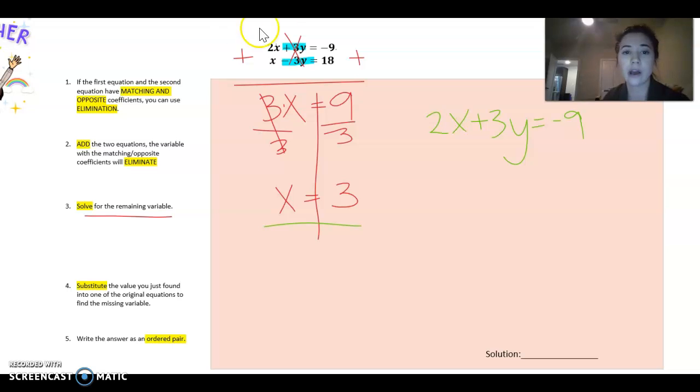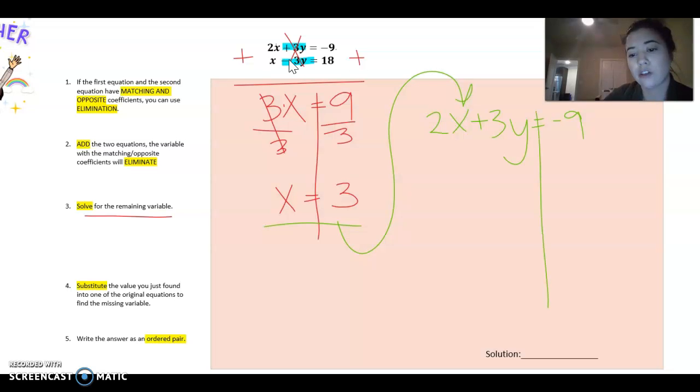Okay, again, you can choose either one, top or bottom. Take a minute, plug the 3 in, and try to find what y equals. Take 1 minute and do that. Pause me, come back when you're finished to check your answer, or come back if you're stuck. Pause me now.